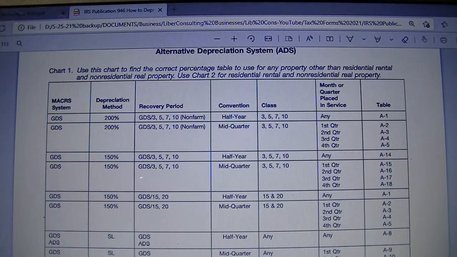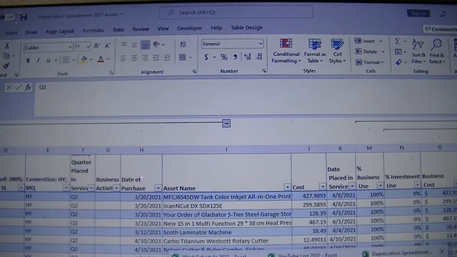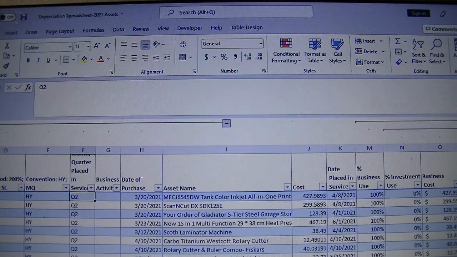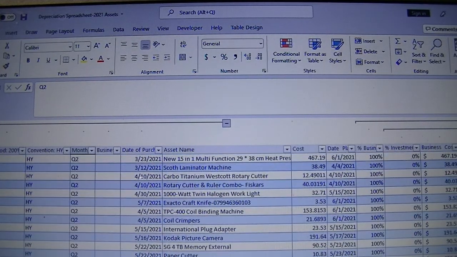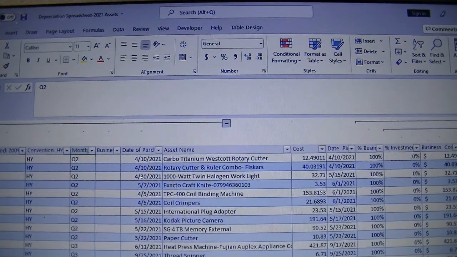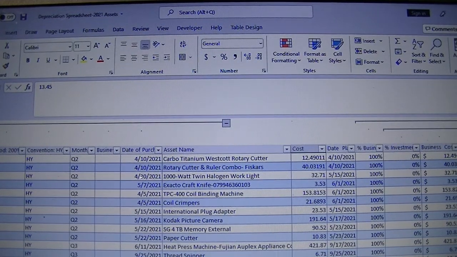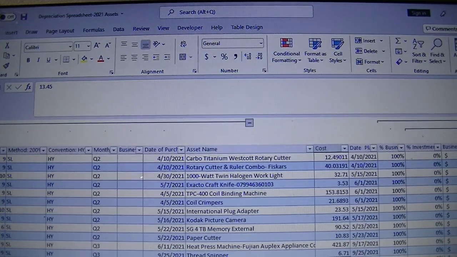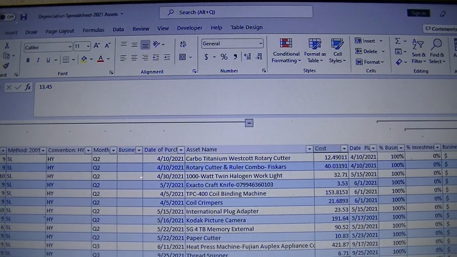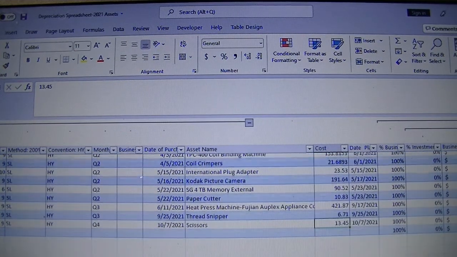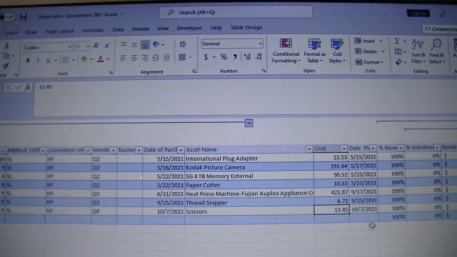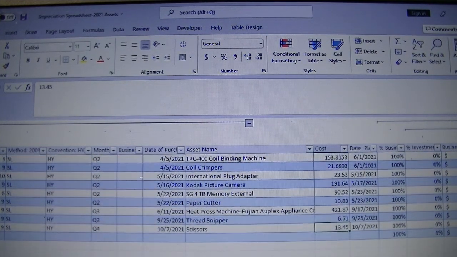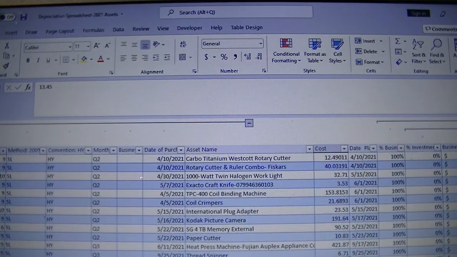So after, we know we have a few things in quarter 4. So one thing we will look at is the amount of assets placed in service in quarter 4, which is one item, compared to everything else we have, and we know it is nowhere near close to 40%.